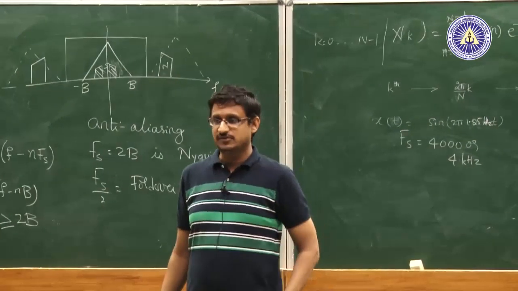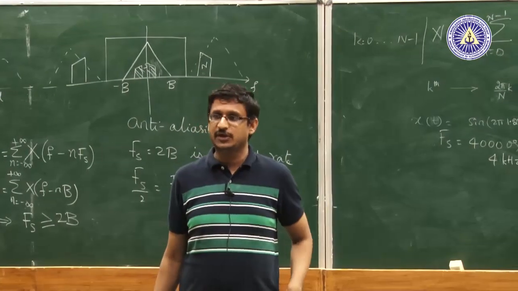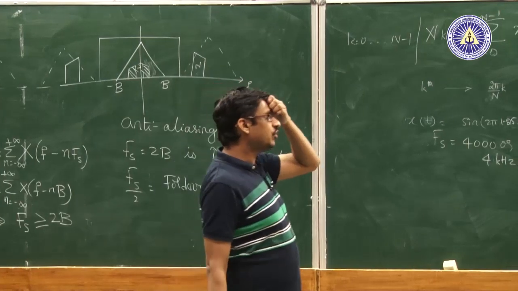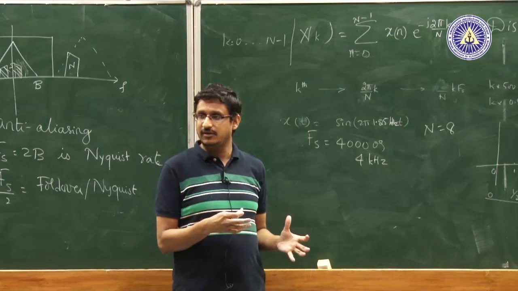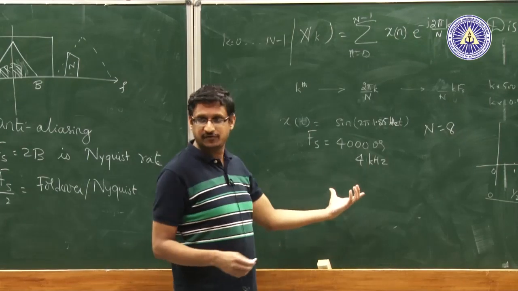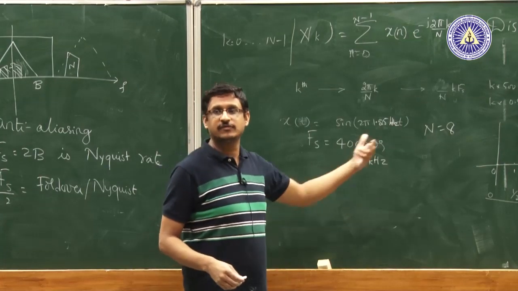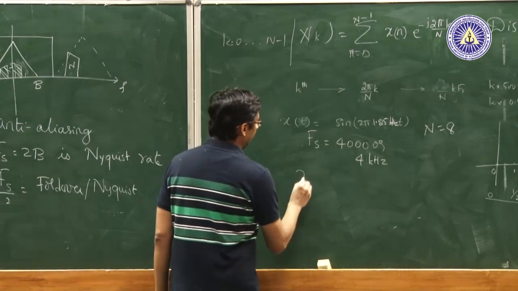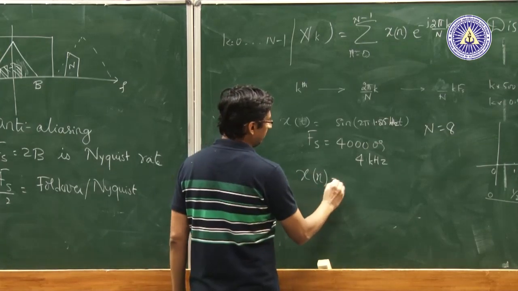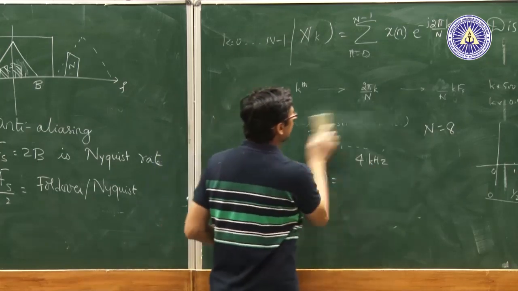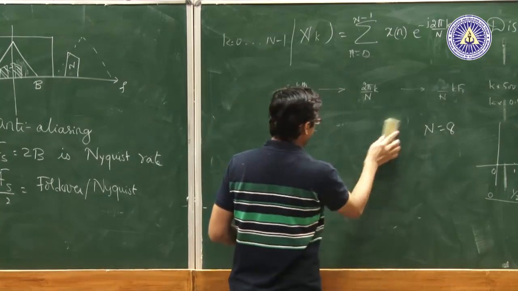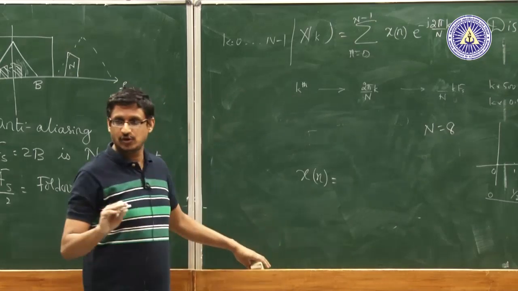To overcome this, there are some techniques. I have an expression for x of n, so let me increase the value of n. Imagine that I do not know what the original sequence is, but I am given the values of x of n.